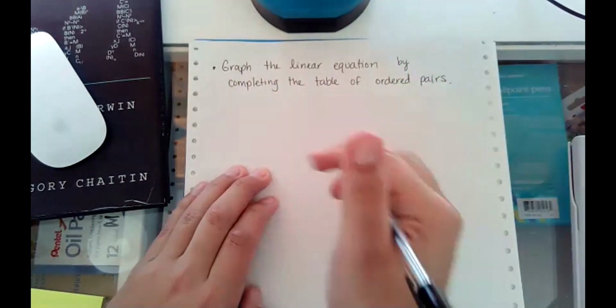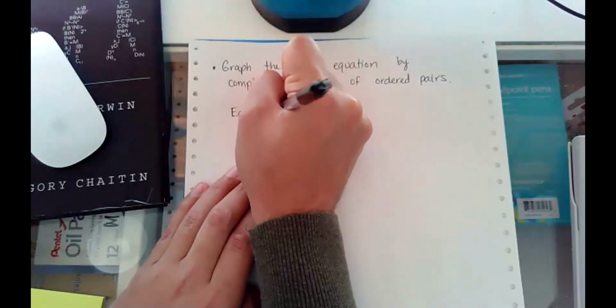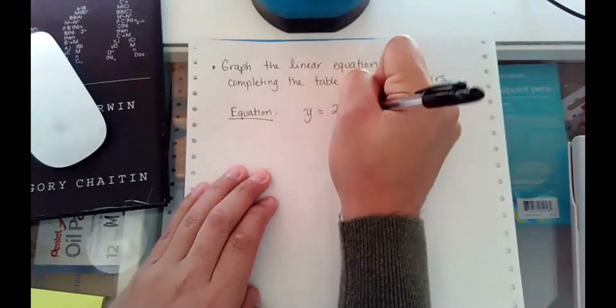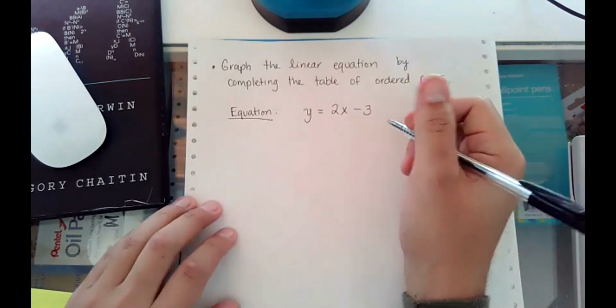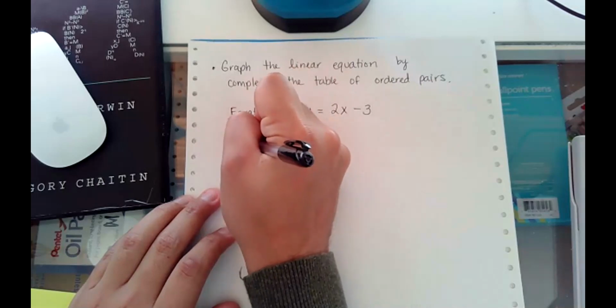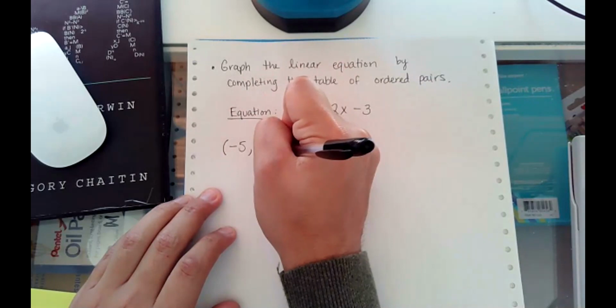Okay. The equation that I'm giving you is y is equal to 2x minus 3. And the ordered pairs that I want you to complete are the following. Negative 5, comma, blank.